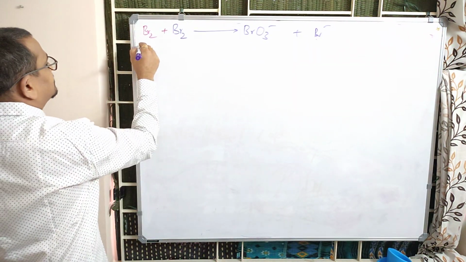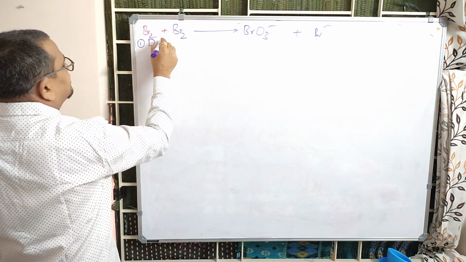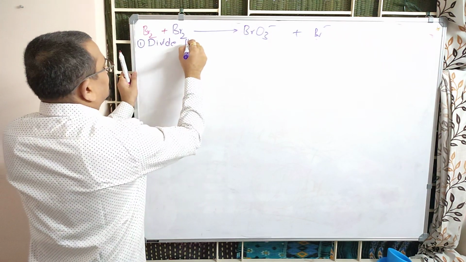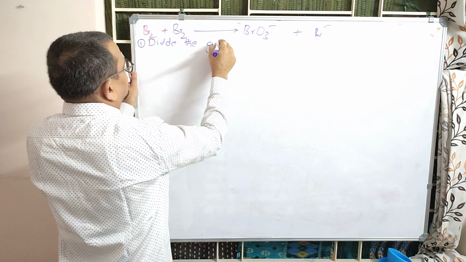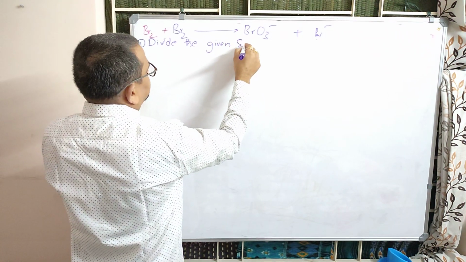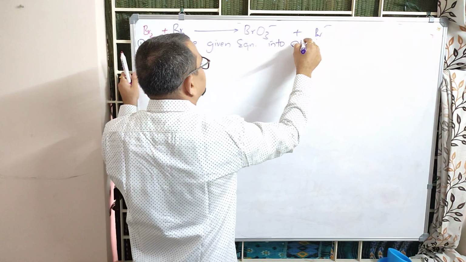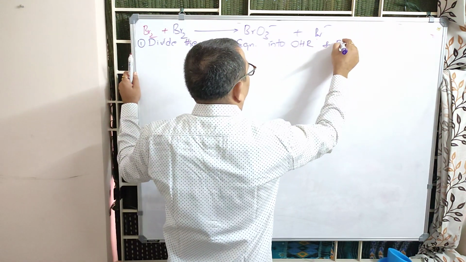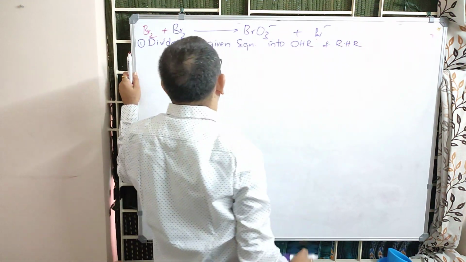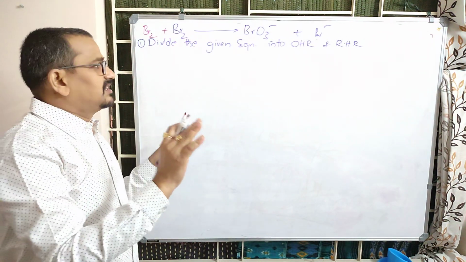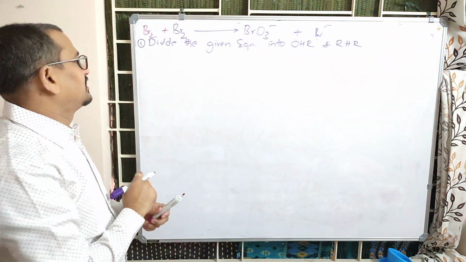That is step 1. What is step 1? Divide the given equation into oxidation half reaction and reduction half reaction.